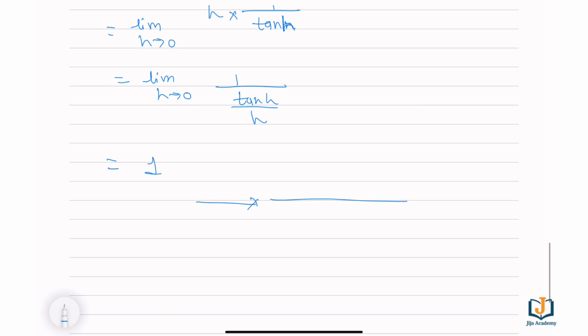Moving to the next problem. Fourth problem is the limit as n tends to infinity of 2 to the power n sin b divided by 2 to the power n. So here the limit as n tends to infinity of 2 to the power n sin of b upon 2 to the power n.